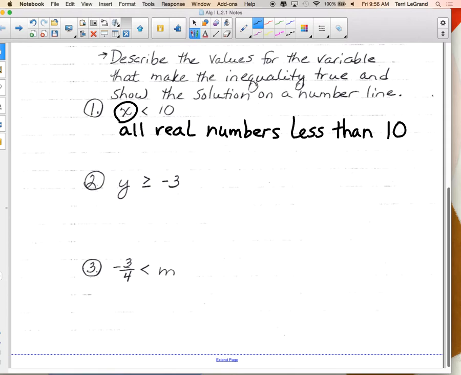If we read it as it's stated, we would say X is less than 10. So all real numbers less than 10 satisfy. Okay, so we're also supposed to show that on a number line, so here's how we're going to do it. Our endpoint, our significant point, the 10, we're going to stick it kind of in the middle. Maybe sometimes it'll be somewhere else.